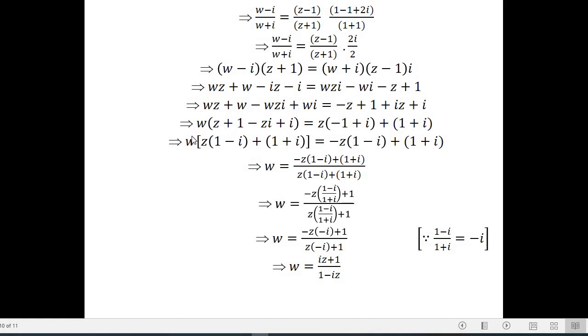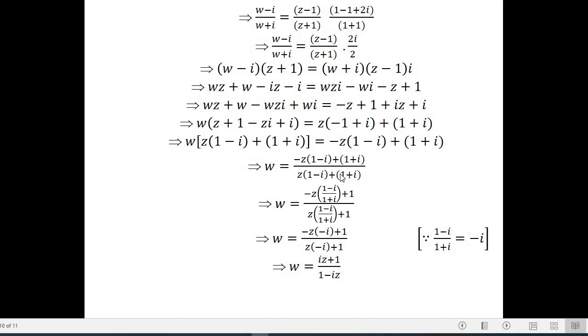Finally we need the value of w, take this term to RHS, we get w is equal to minus z into 1 minus i plus iz whole divided by z into 1 minus i plus 1 plus i. So this is the bilinear transformation.